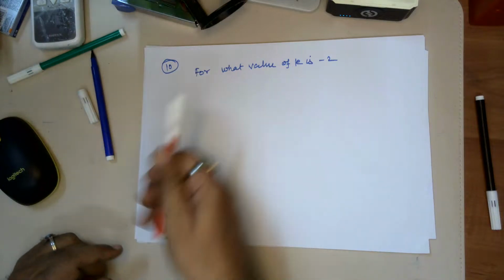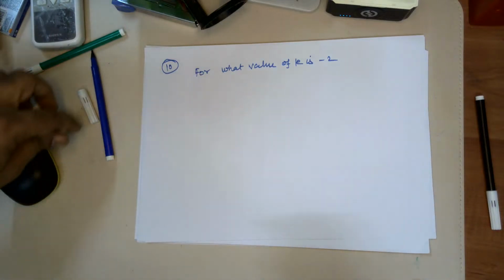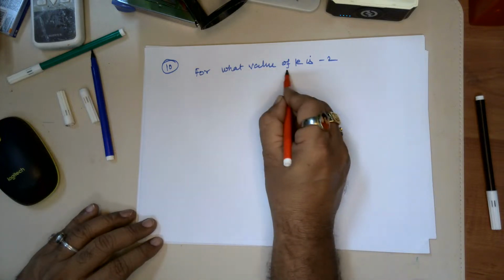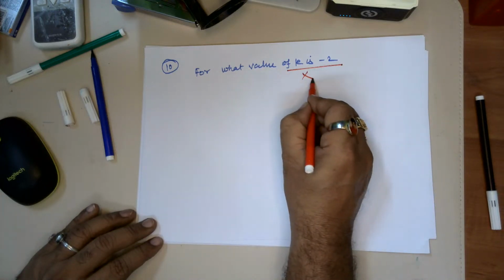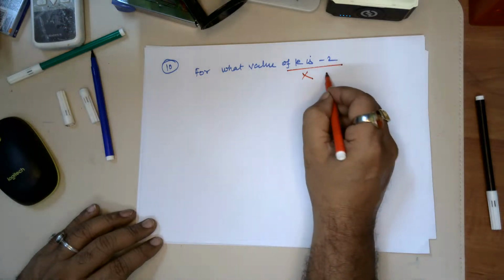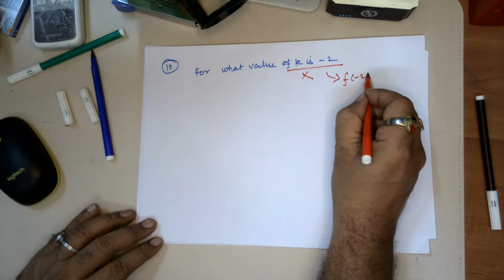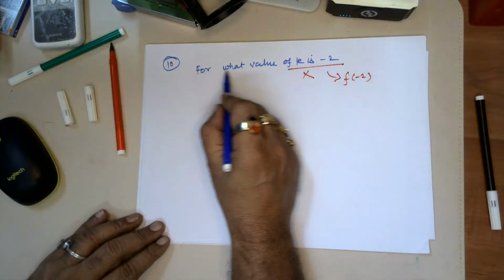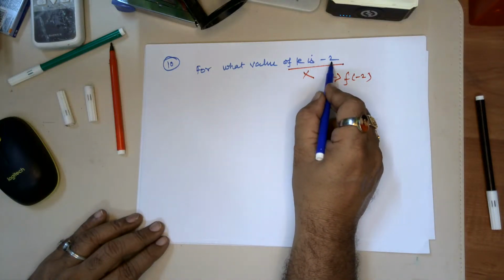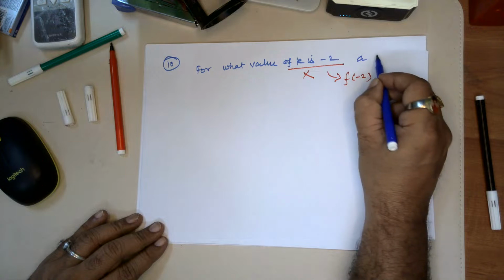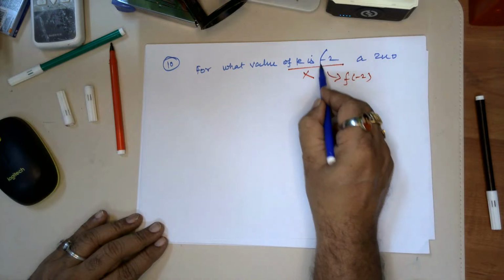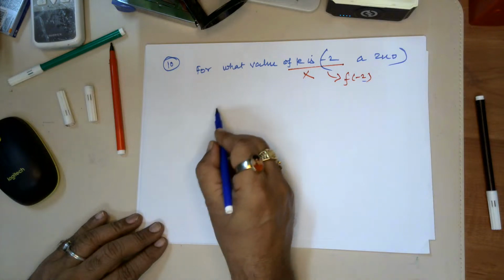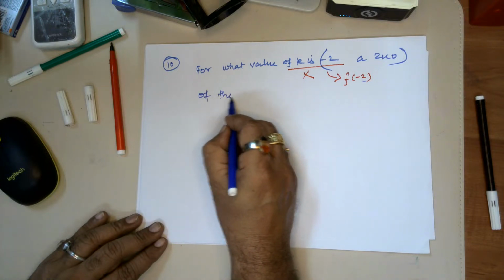Most of the students, when they read the sum, immediately mistake that k is equal to minus 2. No, this is f of minus 2. So you have to be very careful. What do you mean by that? You have to split it like this: f of minus 2 is equal to 0.